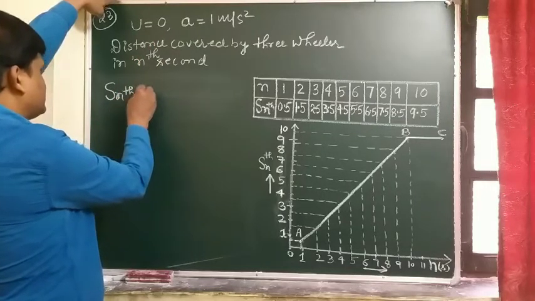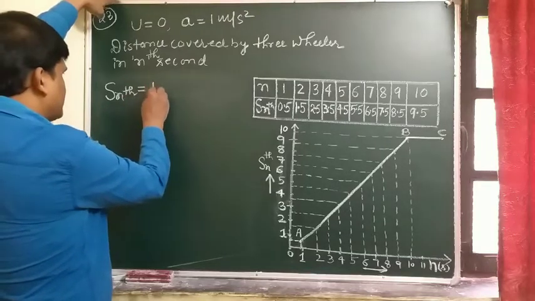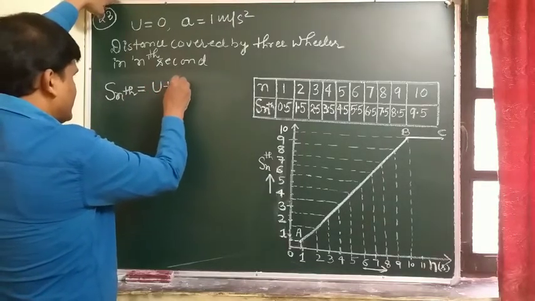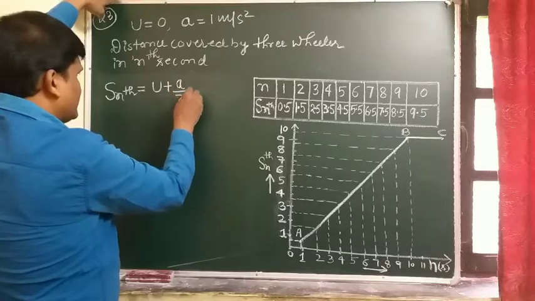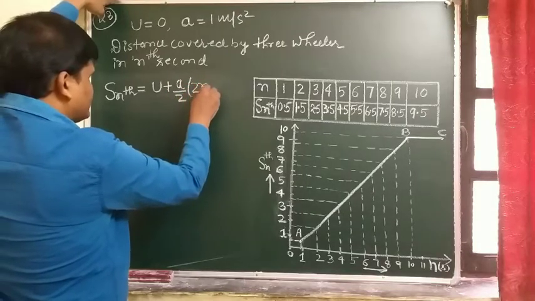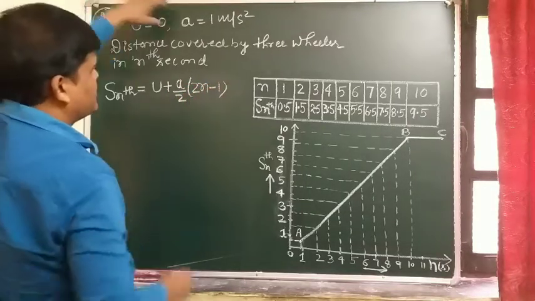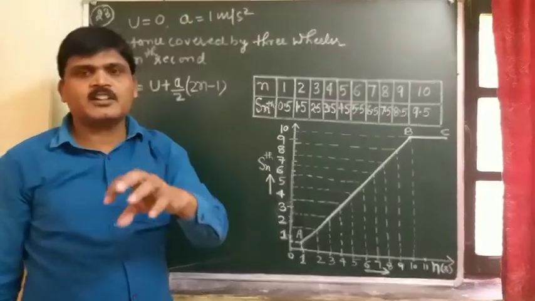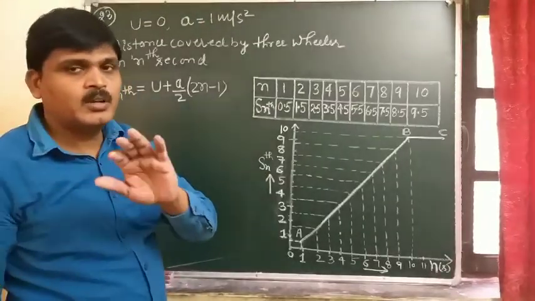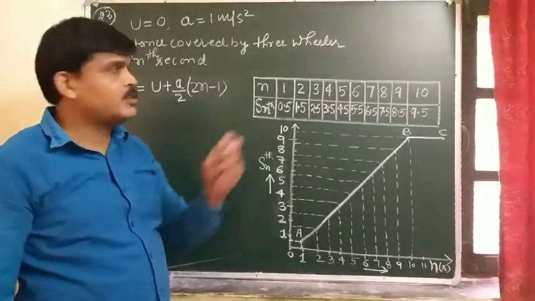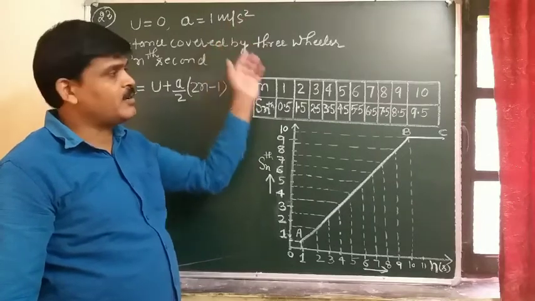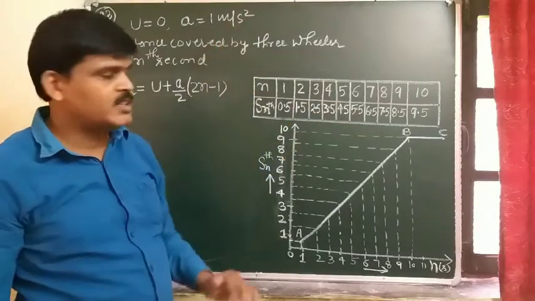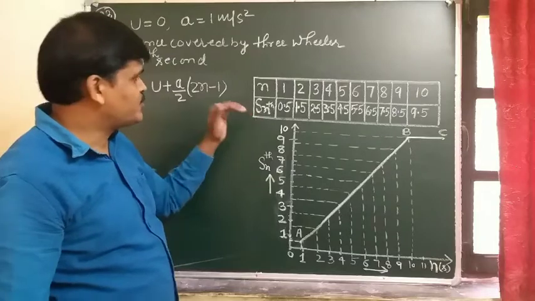This is the distance traveled in the nth second, and the formula is u plus a by 2 into (2n minus 1). The three-wheeler travels in a straight path up to 10 seconds with uniform acceleration. After this, it will move with a uniform speed.